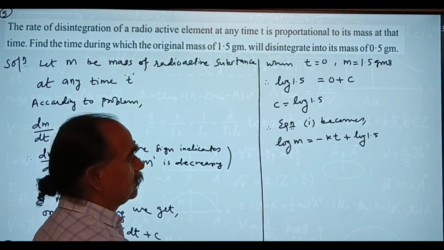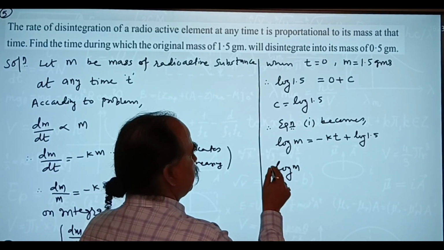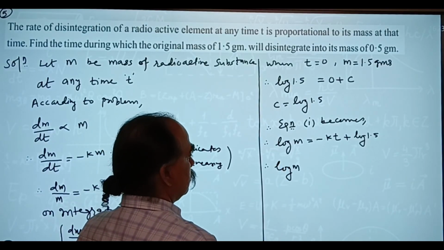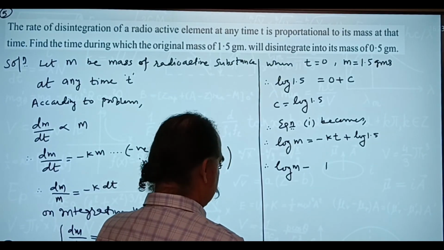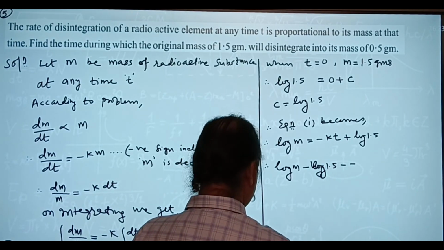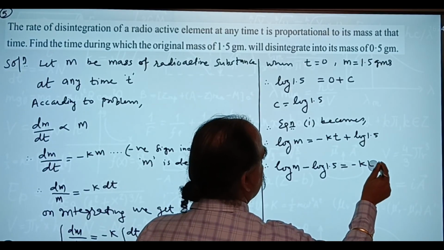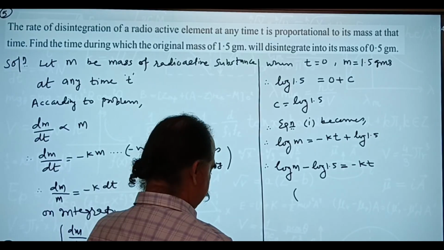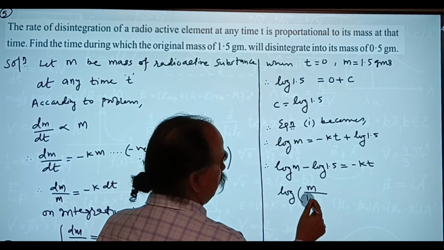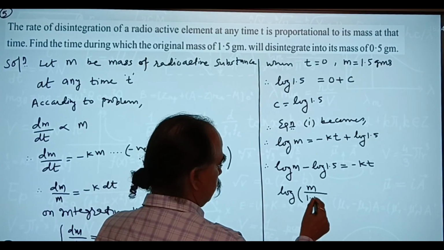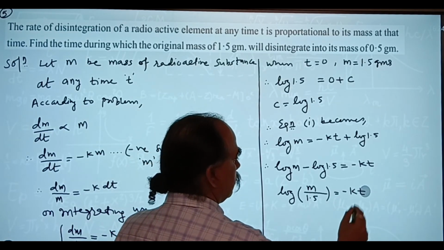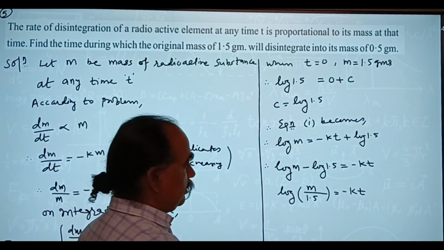Bring log 1.5 on this side. Log m minus log 1.5, log of m upon 1.5 is equal to minus kt. Equation number 2.